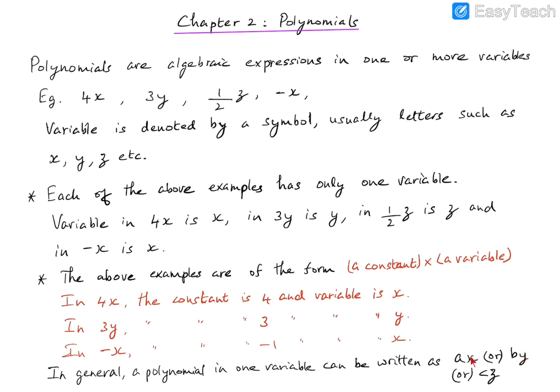So generally we use the letters towards the end of the English alphabet as the variables, and the letters towards the starting of the alphabet like a, b, c as the constants. Okay, so a polynomial with a single variable has the general form of a constant times a variable.